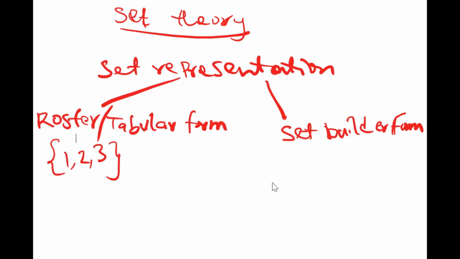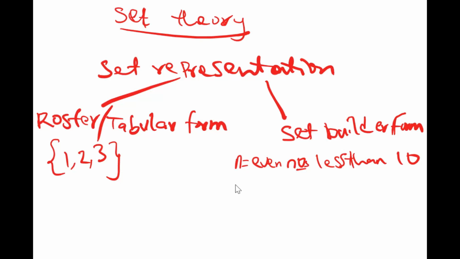For the builder form, basically here the elements have a unique property, a common property. Take for instance, if I say that N is equal to even numbers less than 10.